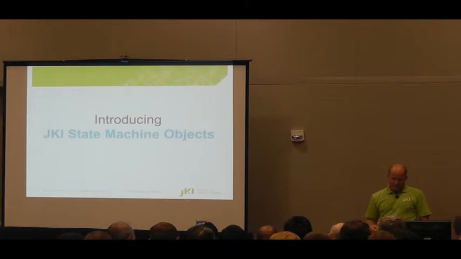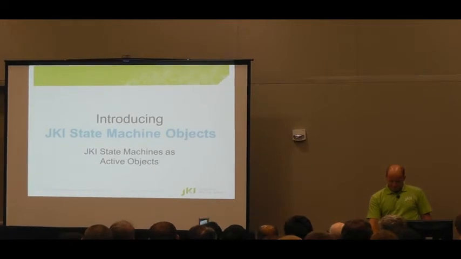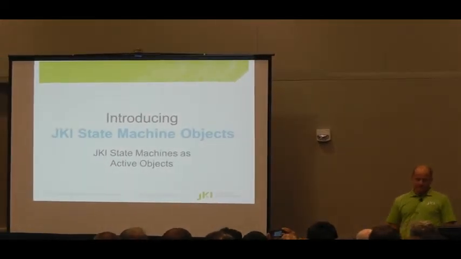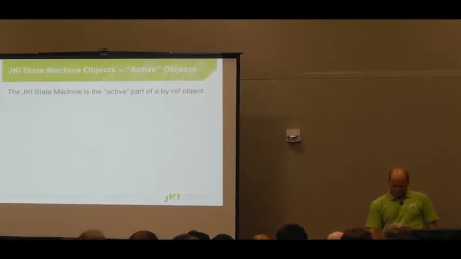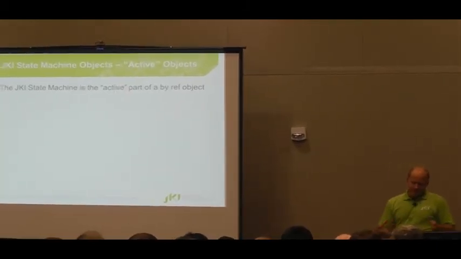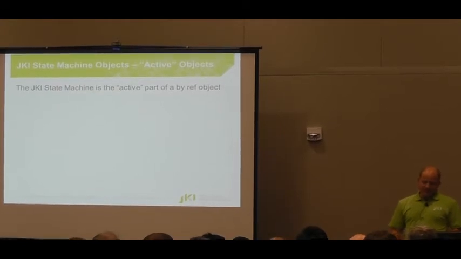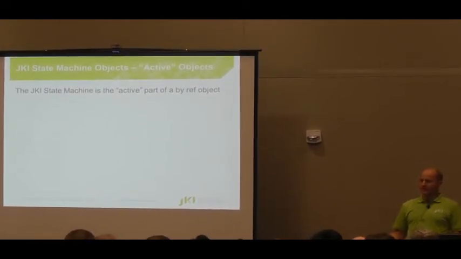I'll introduce you to the concept of the JKI state machine objects, which is really using the JKI state machine as an active object. In this concept, the JKI state machine is the active part of a by reference object.